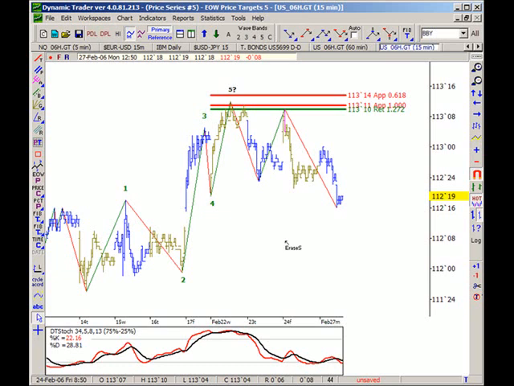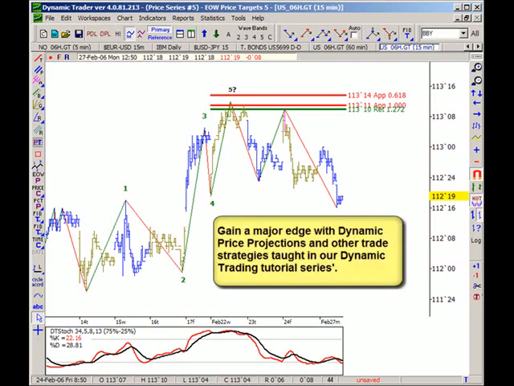If you don't have the pattern up, just do your other projections and look for the fairly narrow range clusters which have a high probability of support and resistance, as you learned in the earlier tutorials. If you do that, no matter what market, what time frame you trade, you're going to find a tremendous difference in your trading, because you're going to have a very significant edge that most other traders don't have, that don't know about these dynamic price projections.